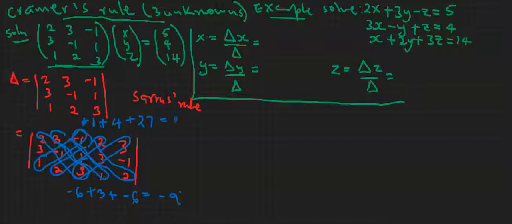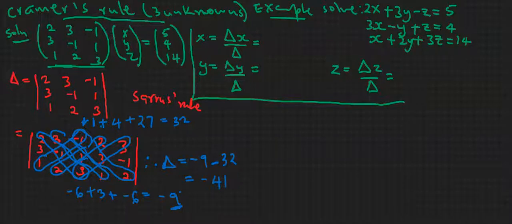If you add, you get 32. And therefore, the determinant of the coefficient matrix is negative 9, the sum down here, minus the sum up there, 32, and this will give you negative 41.